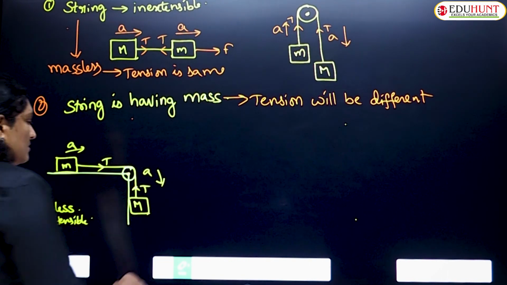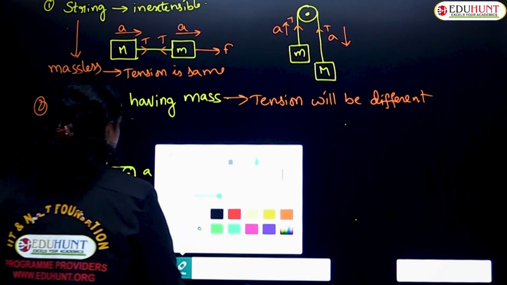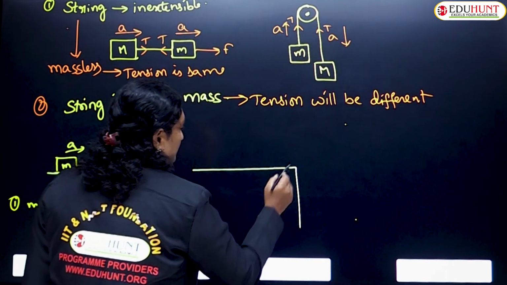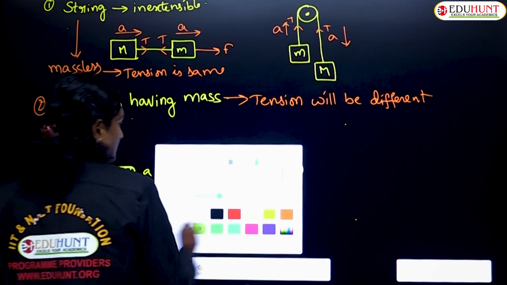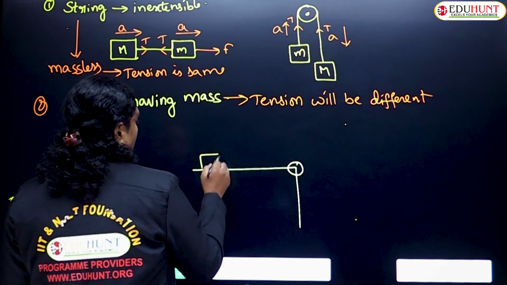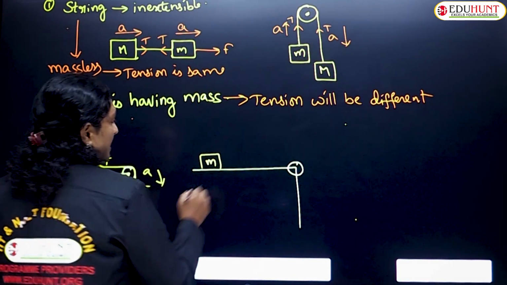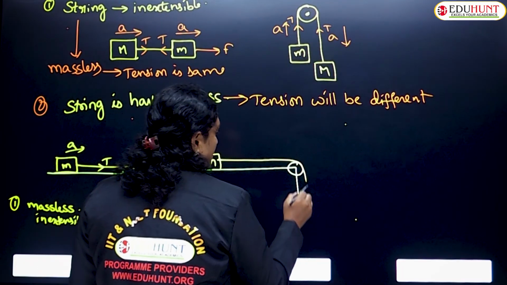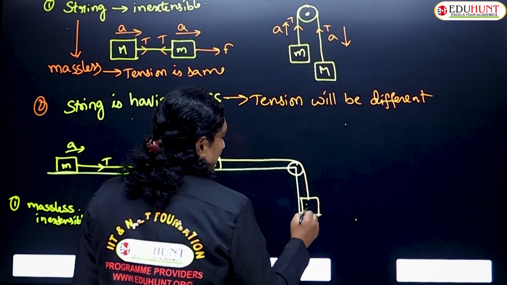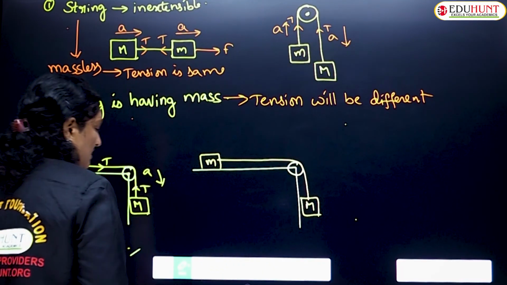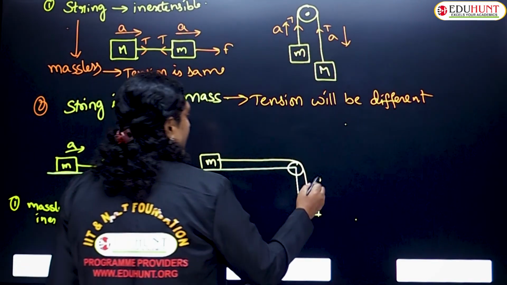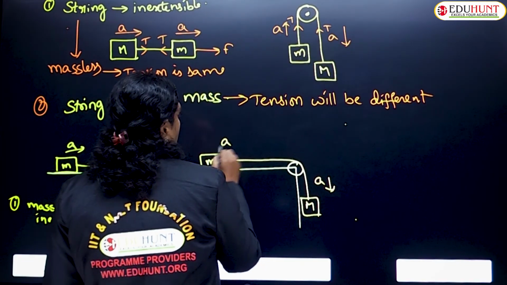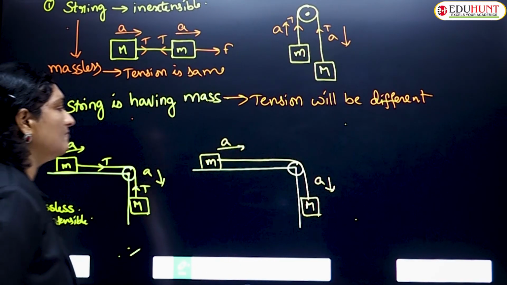Now I would like to continue with the same table to which a pulley is attached. Again, take a body of mass M, and with the help of a string another body of mass M is attached. Let us suppose that all the strings are inextensible, then the acceleration in the complete system will be the same.